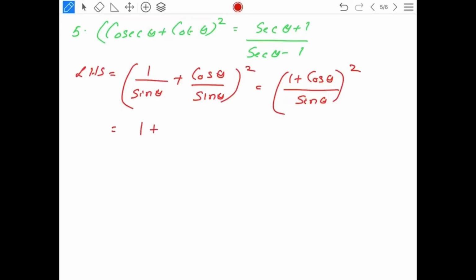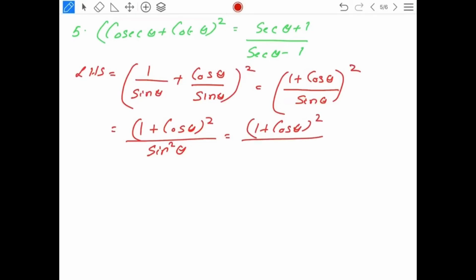A similar sum we did earlier, the same method. So it is 1 plus cos theta the whole squared by sin squared theta. Sin squared theta can be written as 1 minus cos squared theta.